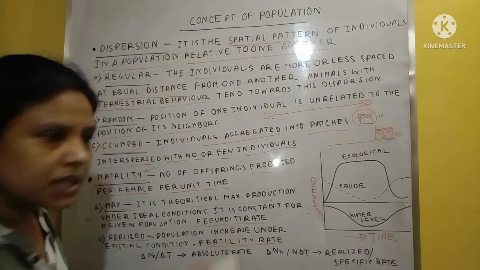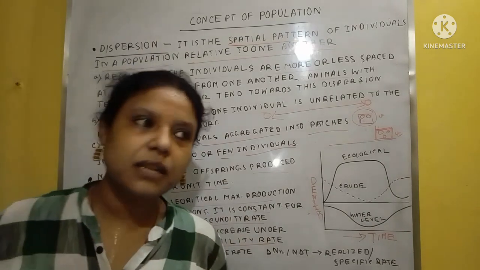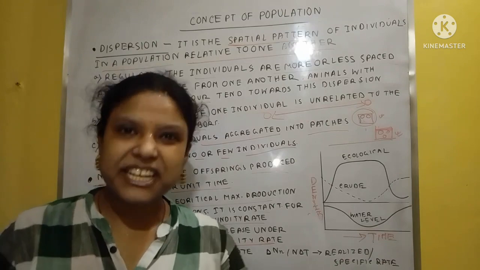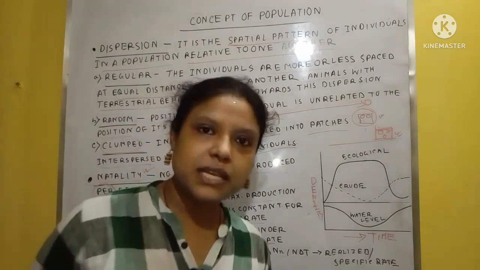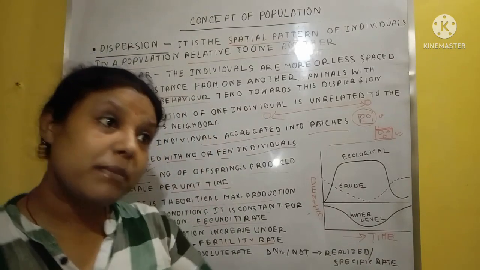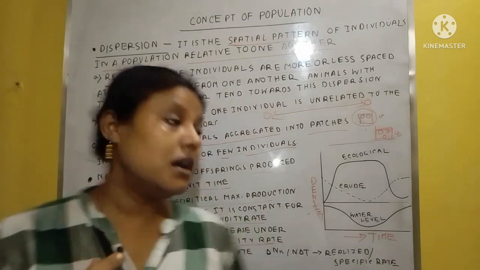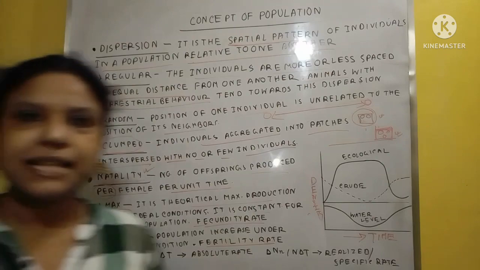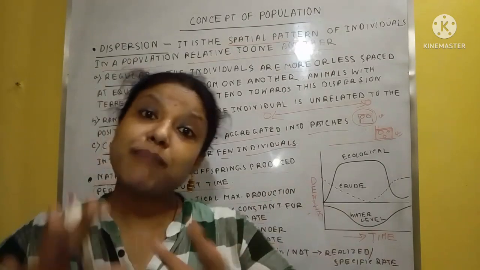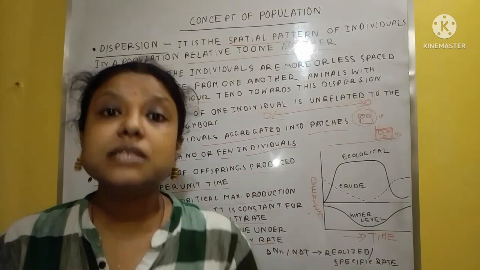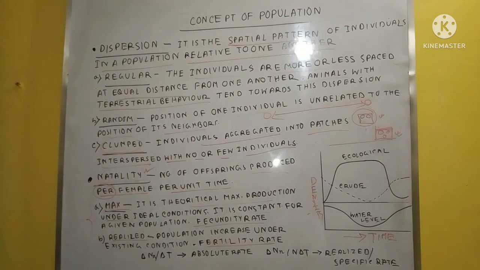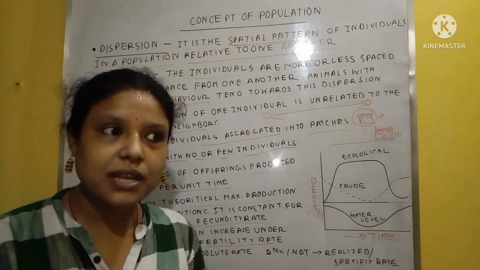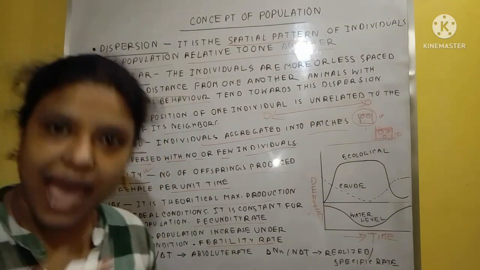If the environmental or climatic condition is favorable, a female can produce the maximum number of offspring. This is the theoretical opinion. And what is the practical opinion? This is the realization, that means it naturally occurred or practically happened.